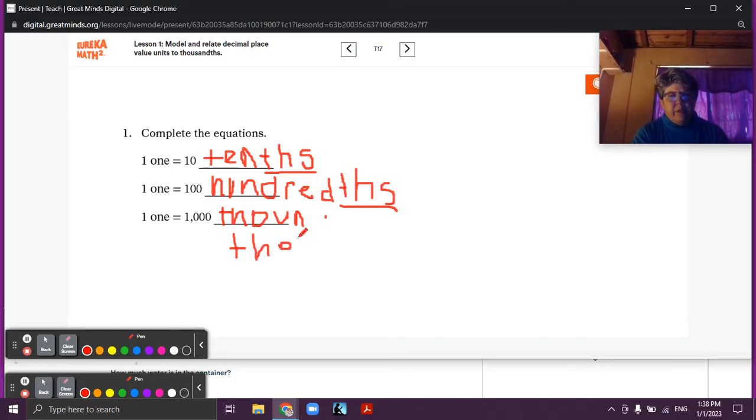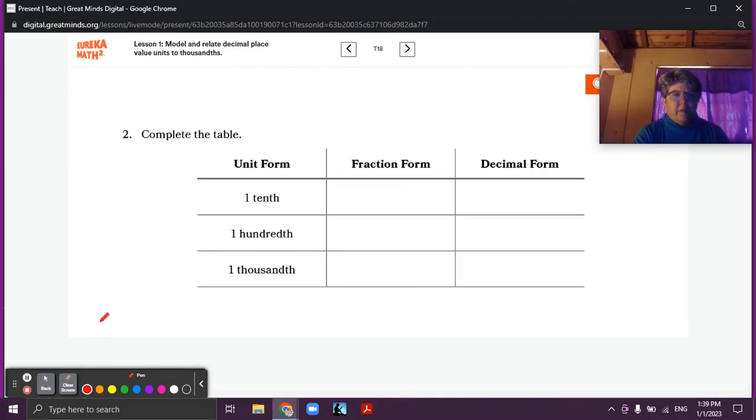Thousandths. Once again, we're ending with the THS, and we have thousandths. I'm just going to cross that out. Thousandths, tenths, hundredths, and thousandths. And you have that written down on number 1. Okay, and I'm going to see if I can erase this. All right, I got that erased.